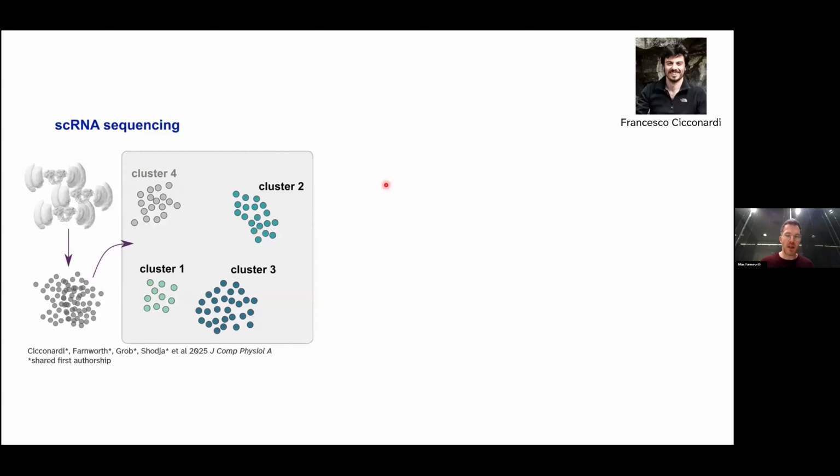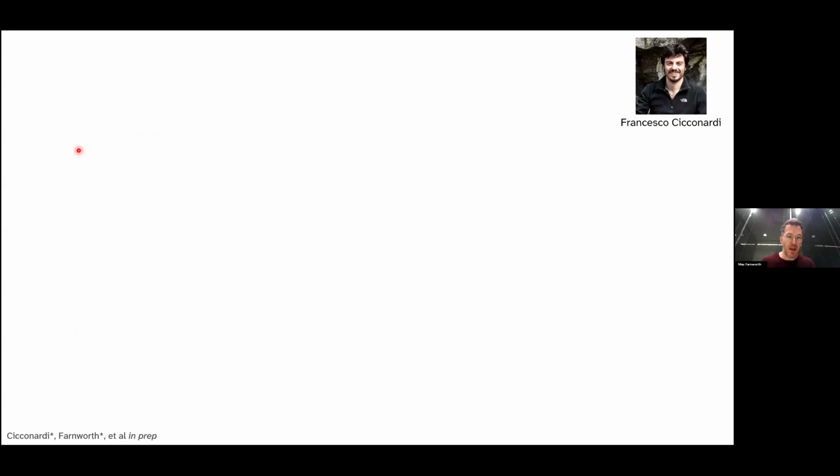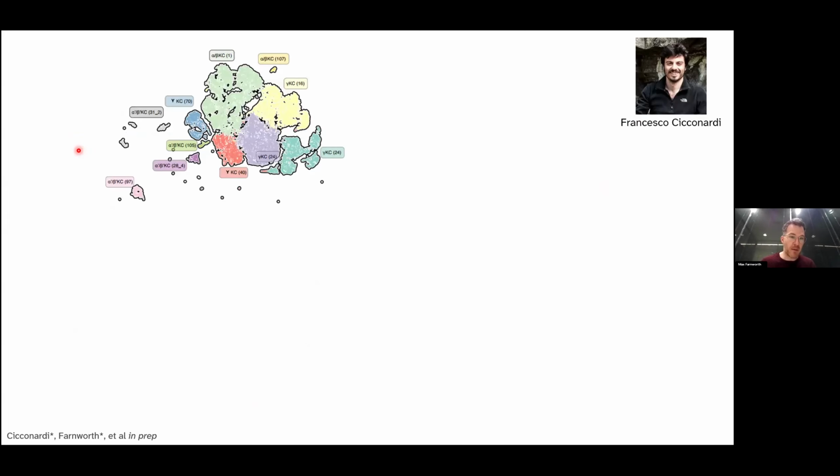And what we're now doing, Francesco and I, having produced a large single-cell RNA data set, and we're currently writing up a ginormous paper, especially this is spearheaded by him. And what we see now, and this is really cool, we can see that single-cell clustering results into lots of different Kenyon cell types in this case, right?